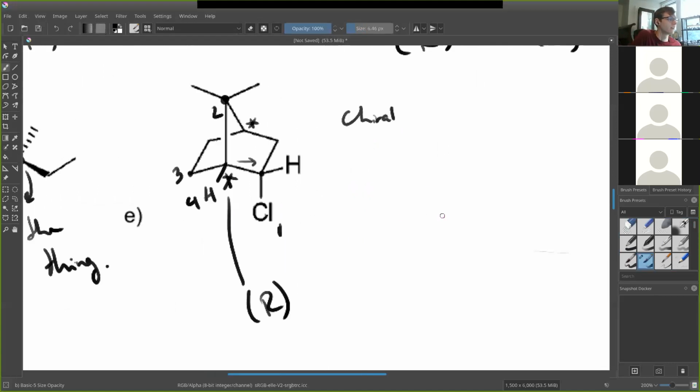All right. Let me draw this molecule again. Right. So there's that hydrogen that's sticking back, and there's that chlorine. Okay. Hydrogen, easy, right? Okay, now this is the kind of interesting part. So we have to look down each chain, right? We look down this chain.